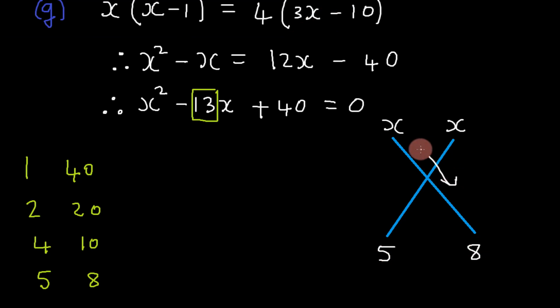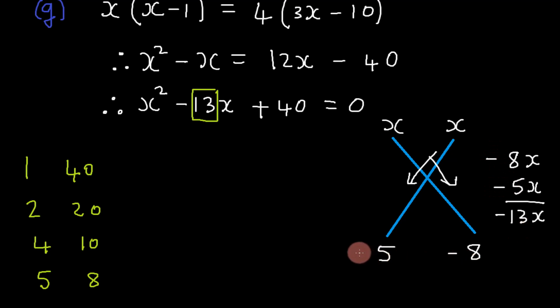We cross multiply. X times 8 is 8x. X times 5 is 5x. Our middle term must be negative 13x. And we can get negative 13 if both 8 and 5 are negative. So we need negatives here.